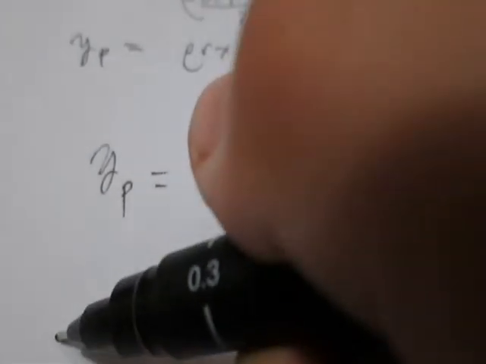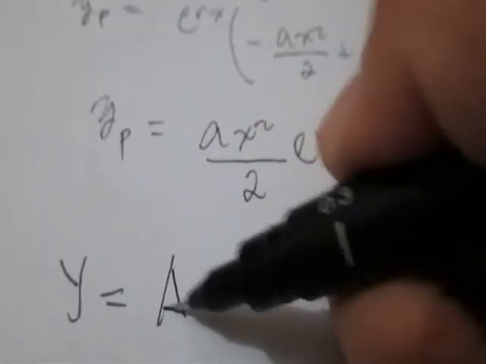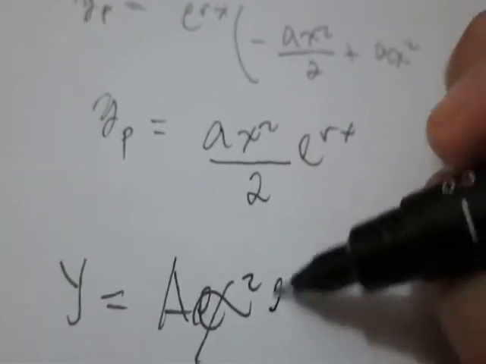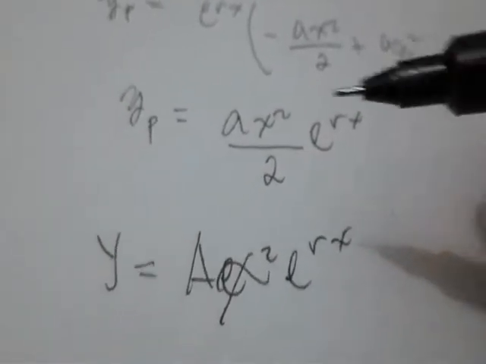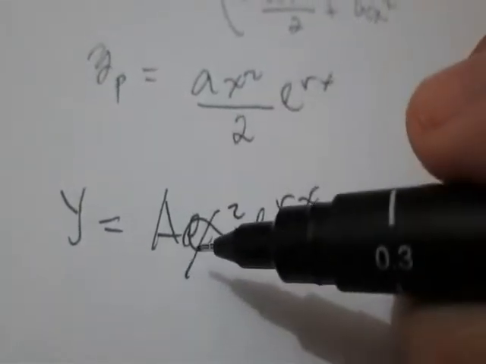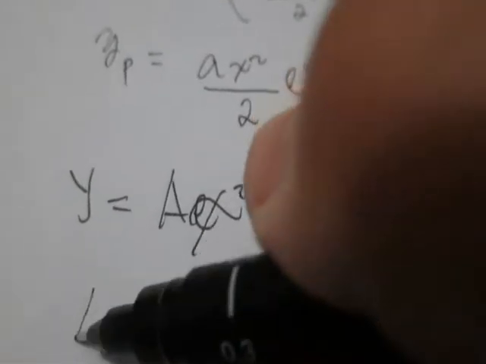And since we are given that our y is equal to A x squared e to the power of rx, from this we can show that A can be determined, so we have to set this equal.